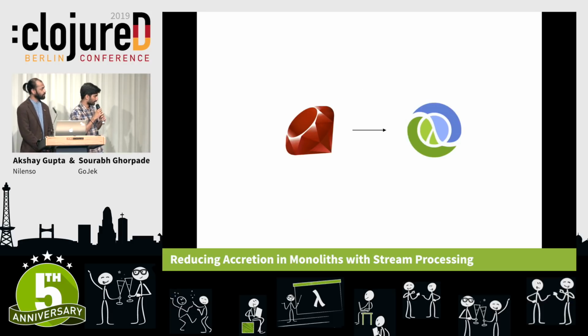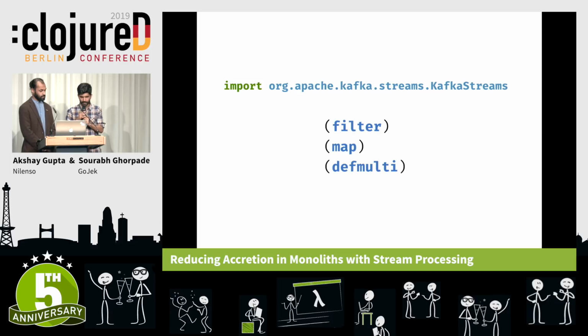As you might have noticed, the order management system was in Ruby, and we shifted to Clojure as our choice for this new service. That was because of a couple of reasons. First being that we wanted Kafka Streams since we already had Kafka set up, and interop was very easy to do.